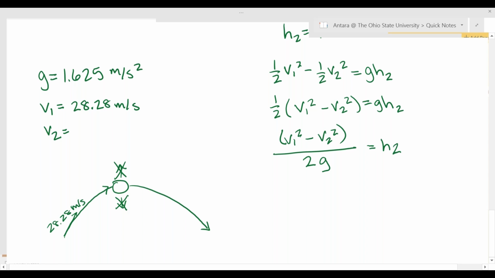However, the golf ball still has a velocity in the x direction. The 20 meters per second in the x direction is constant throughout this projectile motion. It is the y direction that is changing as it goes up and then down, but the x direction velocity is always constant.